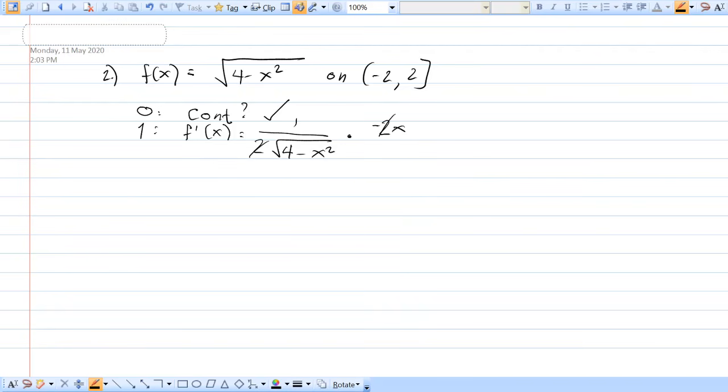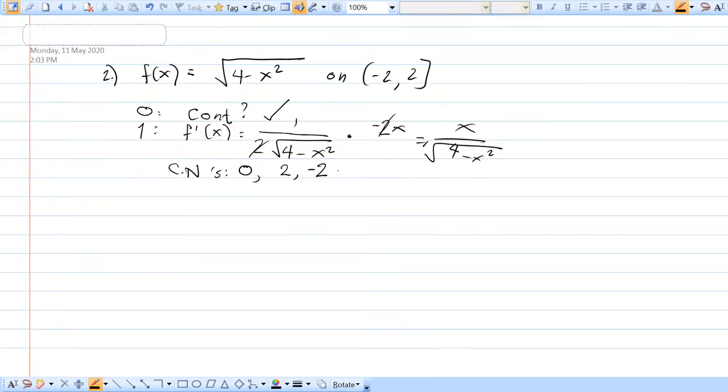So, f prime of x is equal to x over square root of 4 minus x squared. So, again, yung ating critical numbers are the values that will make this expression 0 and undefined. So, magiging 0 ito kapag x is 0, magiging undefined if x is positive or negative 2.